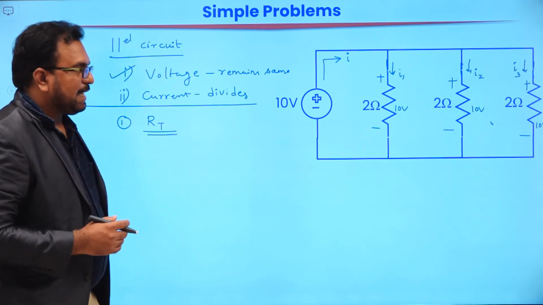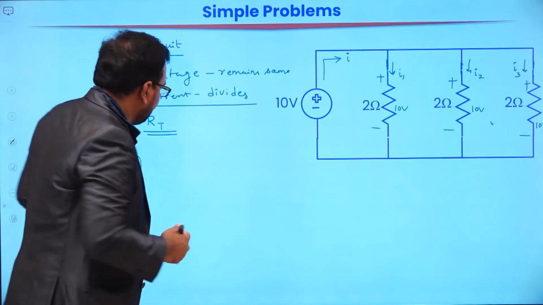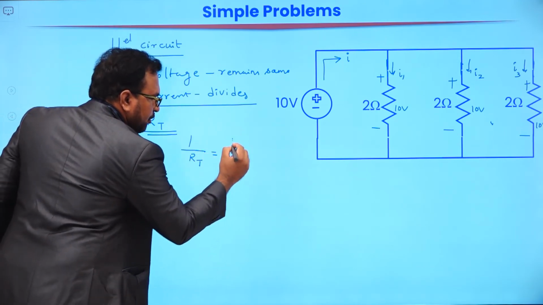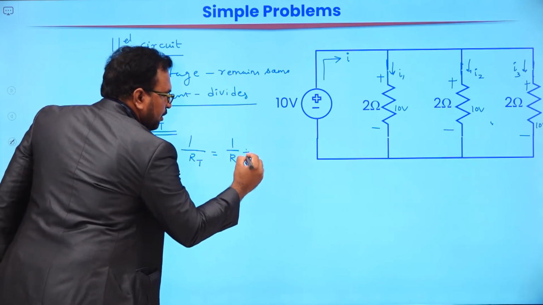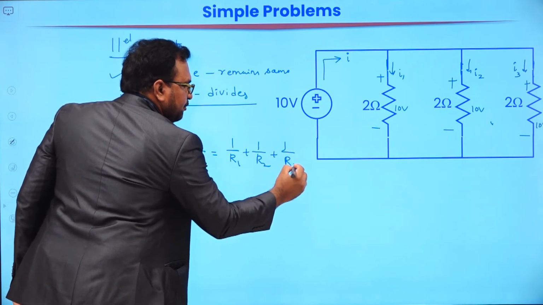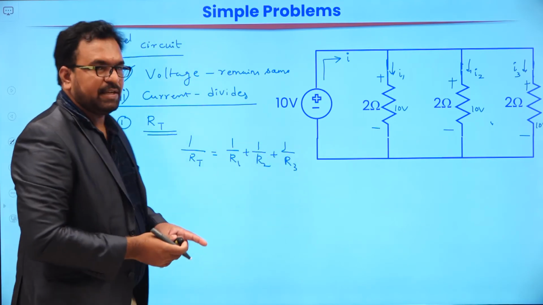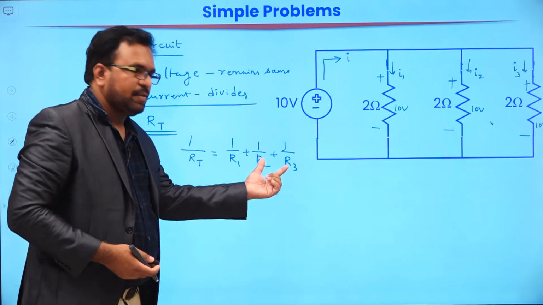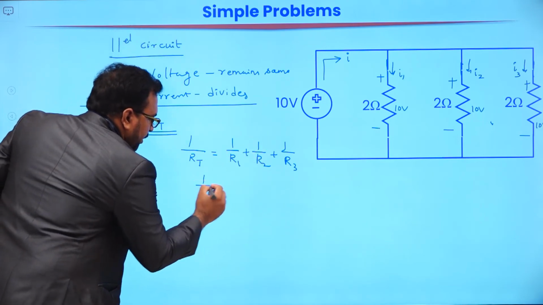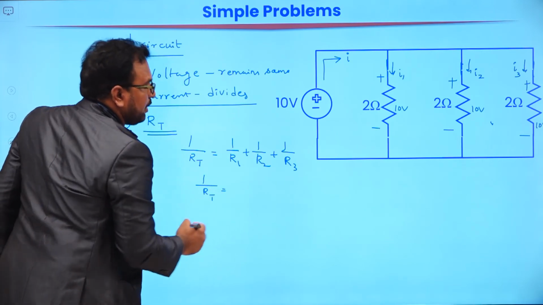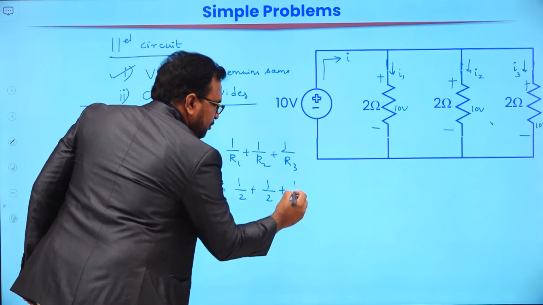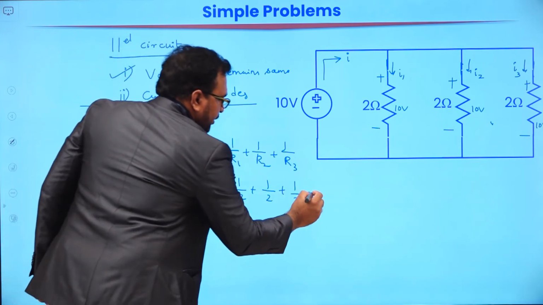And we know that in case of a parallel circuit, the equivalent resistance is 1 by RT is equals to 1 by R1 plus 1 by R2 plus 1 by R3. Since there are only 3 resistors here, I have considered only 3. Now 1 by RT is equal to R1 value 2, so 2 and R3 is 2. So it gives rise to 3 by.